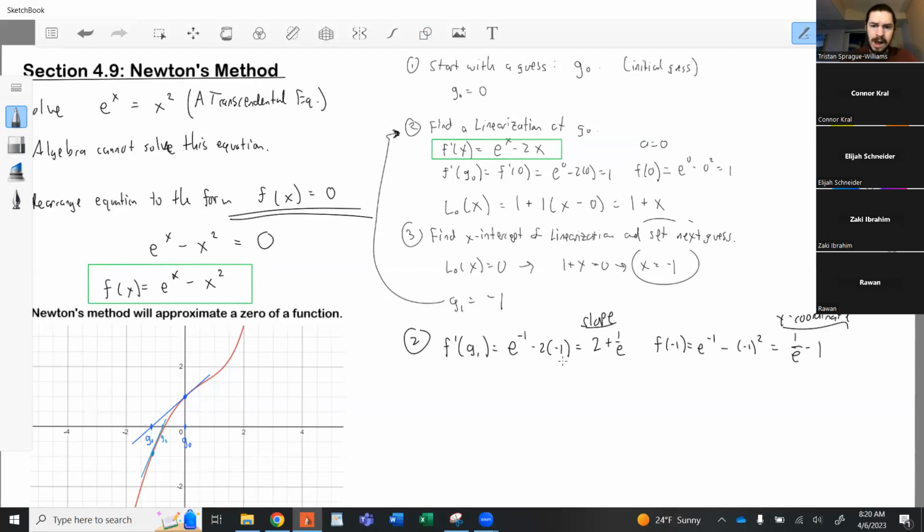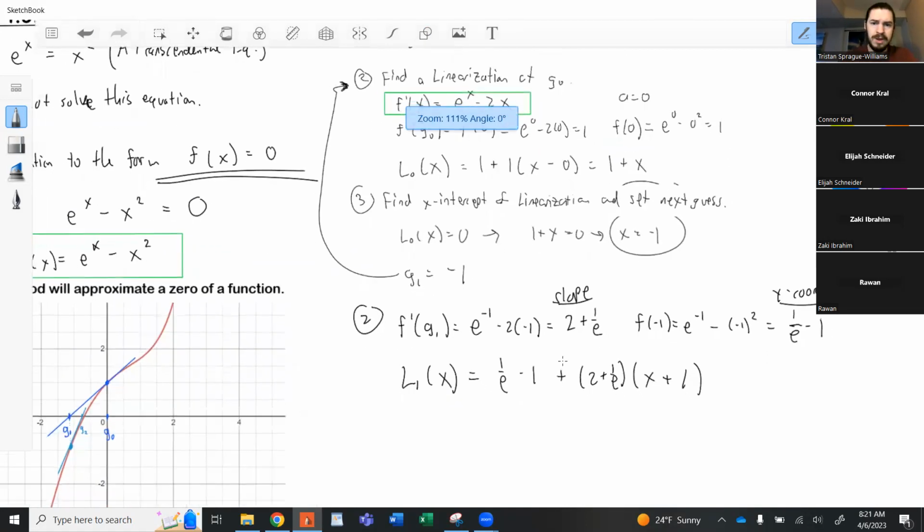Right. So now our L1, the linearization at guess 1, is going to be the y coordinate, 1 over e minus 1, plus the slope, 2 plus 1 over e, times x minus the x coordinate, which is x minus -1, is x plus 1, like that.